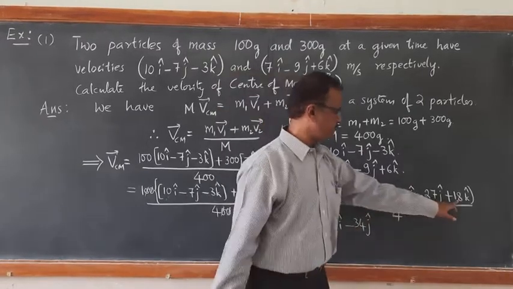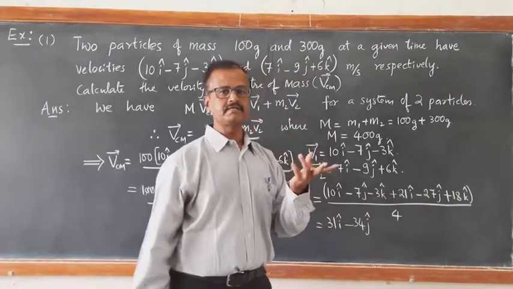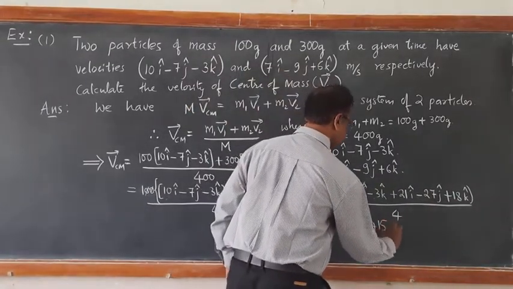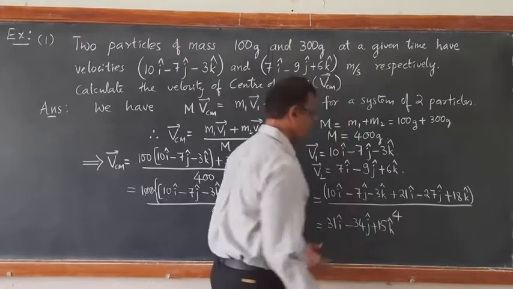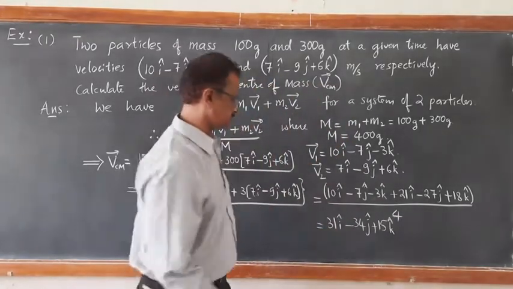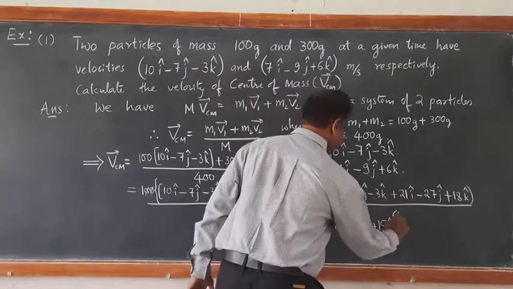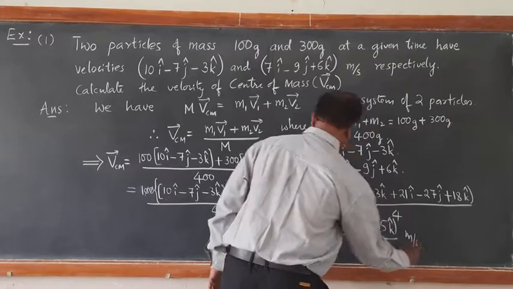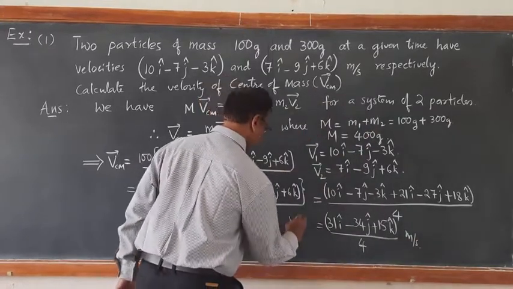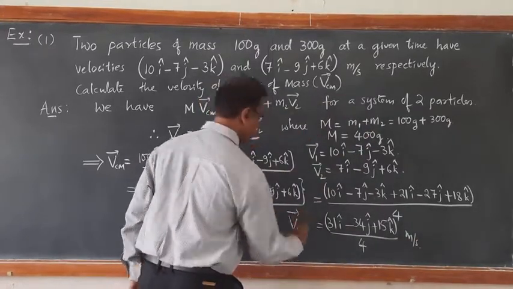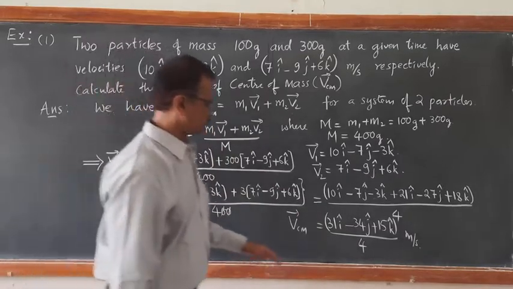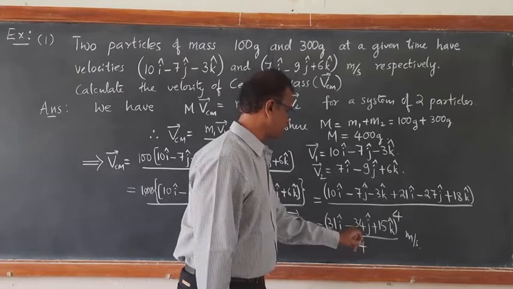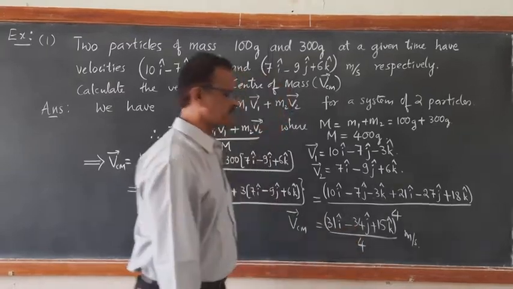Minus 3 plus 18 becomes plus 15 k cap. This is how we have done addition of vectors previously. Whole divided by 4, in meter per second. So this is the velocity of the center of mass. If you want, you can still further simplify this, or you can leave it.